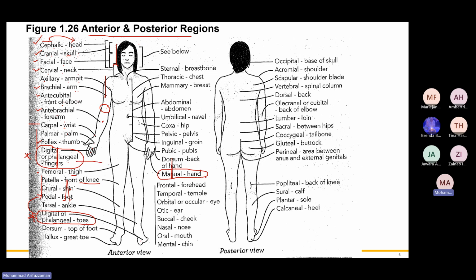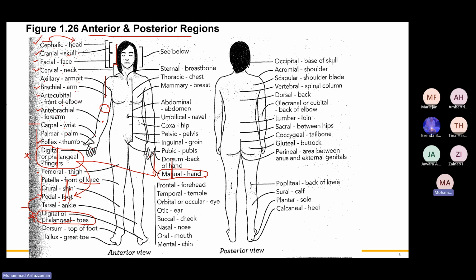So phalangeal structures may be in the manual region or in the foot. Okay, thank you. This type of question you'll find in the TEAS exams. Manual means the hand, so the phalanges are on the hand, and pedal means the foot, so the toes are on the foot. That's why these types of questions are common.